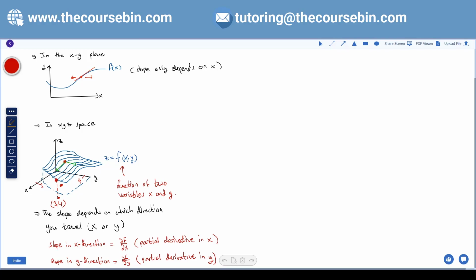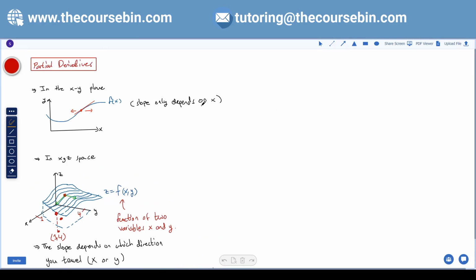Okay, so let's take a look at how we calculate partial derivatives.